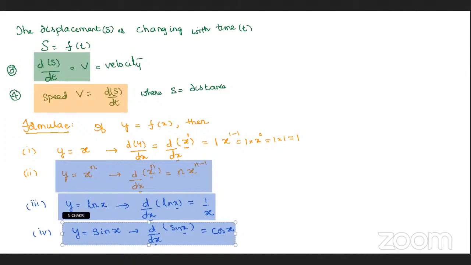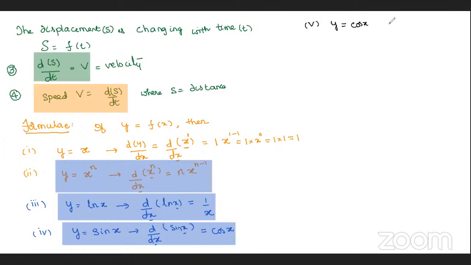And next, the fifth one. Another trigonometric function: y is given as cos x. I think Tanish also knew all these things in 10th class or in lower standards.